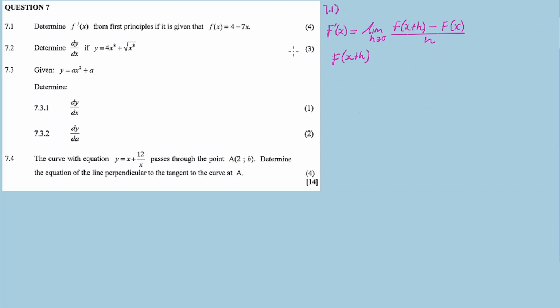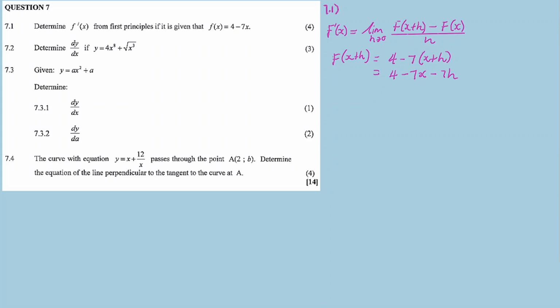Now, we take f of x, and where there's x, you substitute x plus h. So it's 4 minus 7x for f of x, but now for f of x plus h, where there's x you put x plus h, then you distribute the negative 7 inside the bracket, giving 4 minus 7x minus 7h.